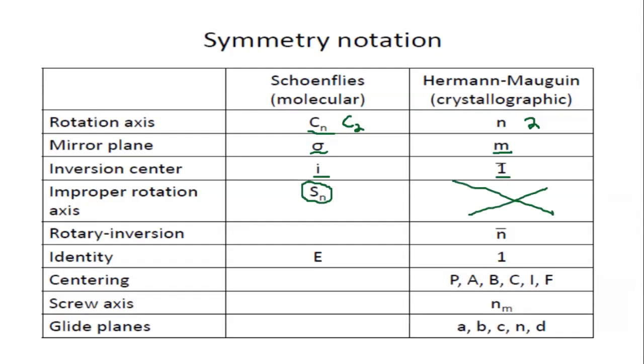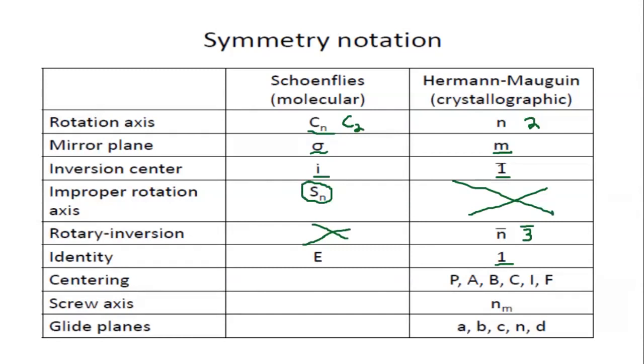Roto-inversion center, which is a rotation followed by inversion center. You would just write the rotation and then you put a bar on top of it indicating an inversion. And notice that point symmetry does not have roto-inversion symmetry. Of course, the identity, which is just 1.